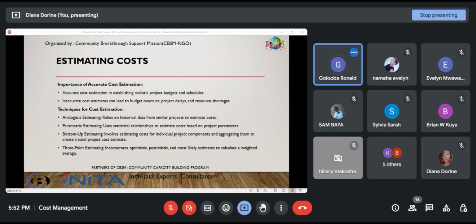We'll be looking at that in detail on the next slide, but we also have another cost estimation technique, which is the program evaluation and review technique. This one is used to estimate the duration and cost of a project activity by considering three estimates: optimistic, most likely, and pessimistic scenarios. Then we also have the bottom-up estimating technique, which involves establishing costs from individual project components and aggregating them to create a project cost estimate.